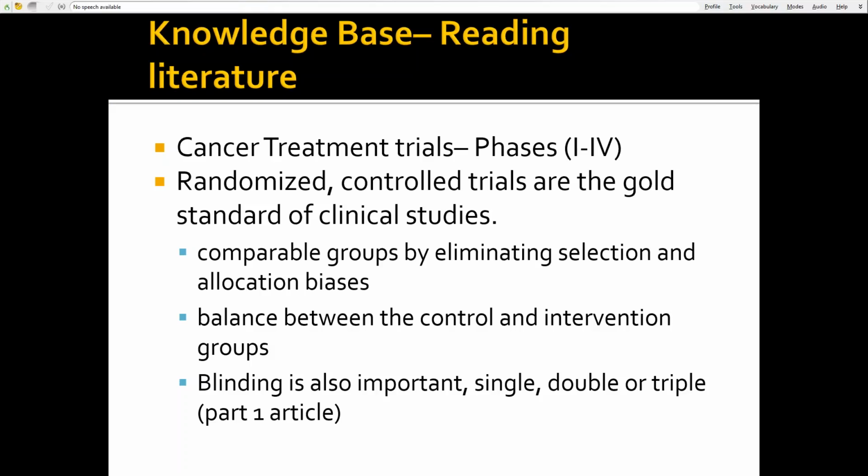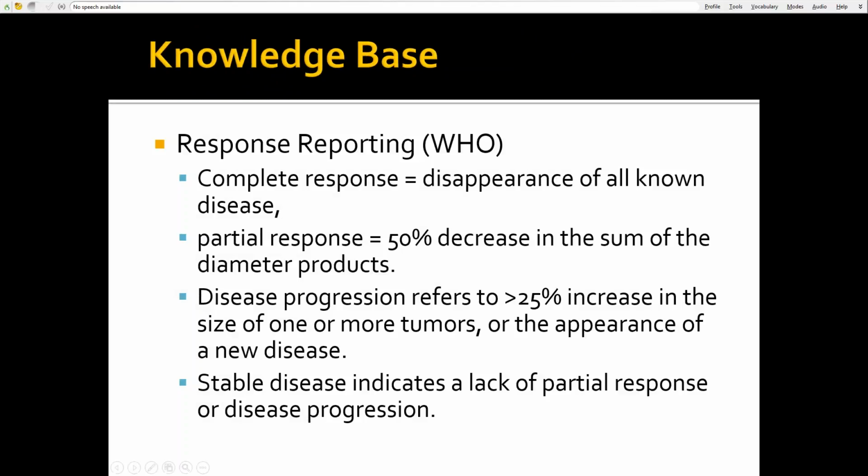When you look at the individual sides of people that got nothing and people that got treated, you can do a comparison between the two. And blinding is also important, so that the operator themselves don't know exactly what they're doing to treat the particular patient. So that would be the best way to treat patients.